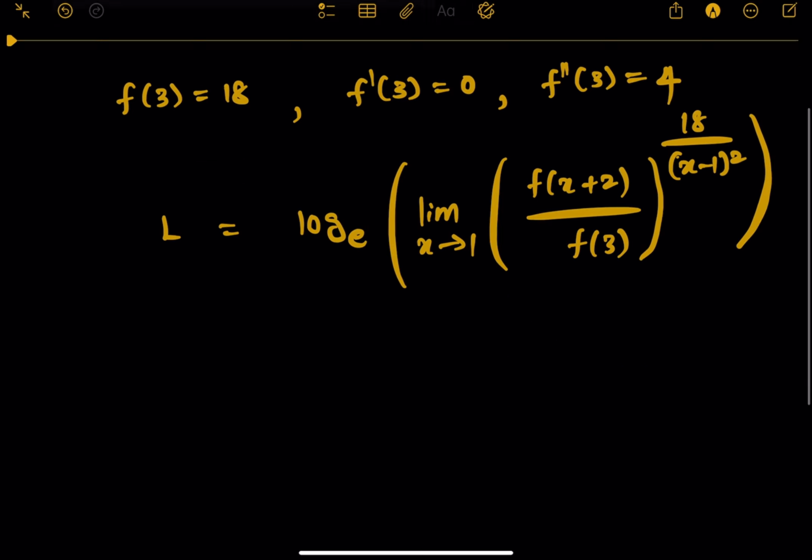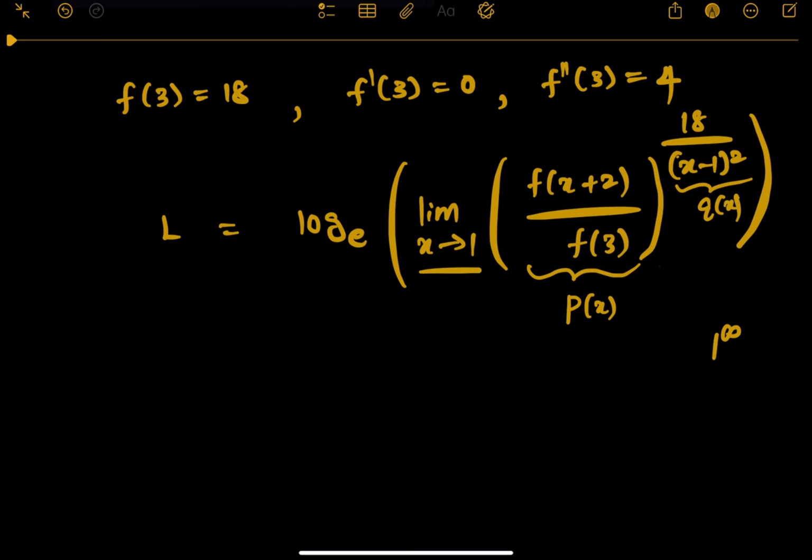So this is very much doable. Generally people get scared by seeing these kinds of big expressions. So let us put x = 1 here. Then what will happen? This part will become 1 and this part will become infinite. So let us say this whole thing is p(x) and this thing is q(x).